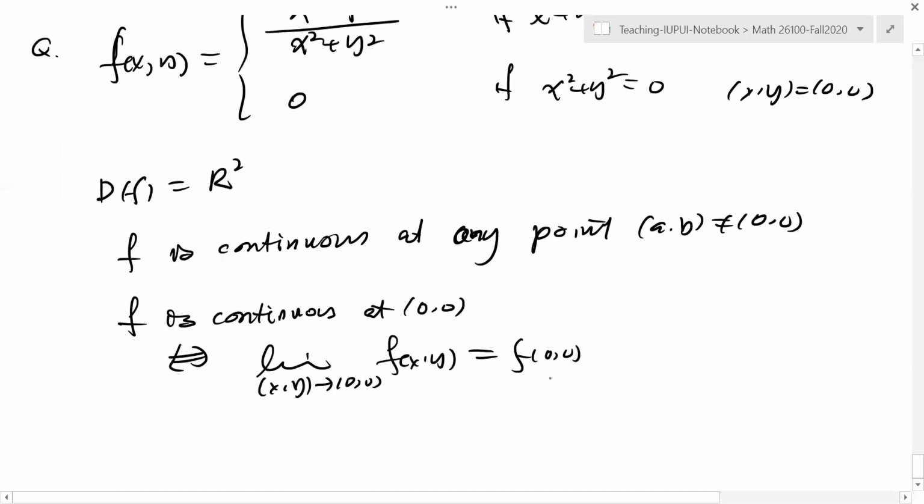The value of the function, I already know, is 0. So you have to prove that the limit exists and is equal to 0. But we already did that: the limit does not exist.